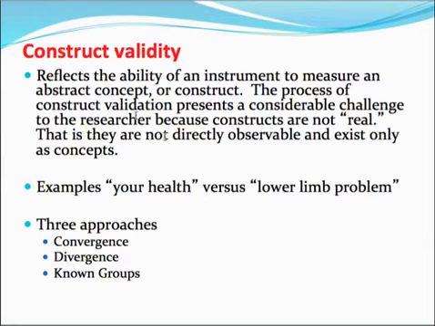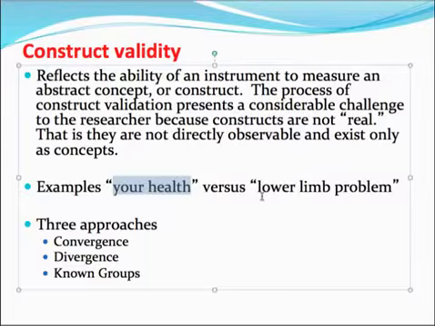Okay, so once all that's done, then we still have this idea of whether the instrument has succeeded in capturing the construct of whatever the scale's trying to identify. So we saw in the SF-36, the construct is the person's health. In the LEFS, the lower extremity functional scale, it's their lower limb problem.